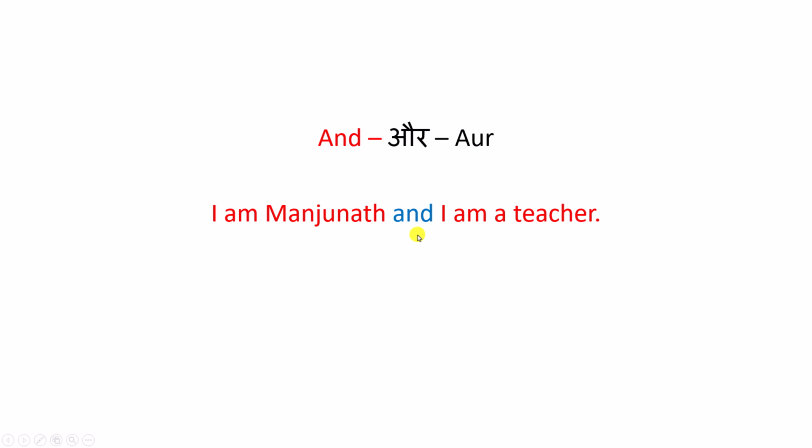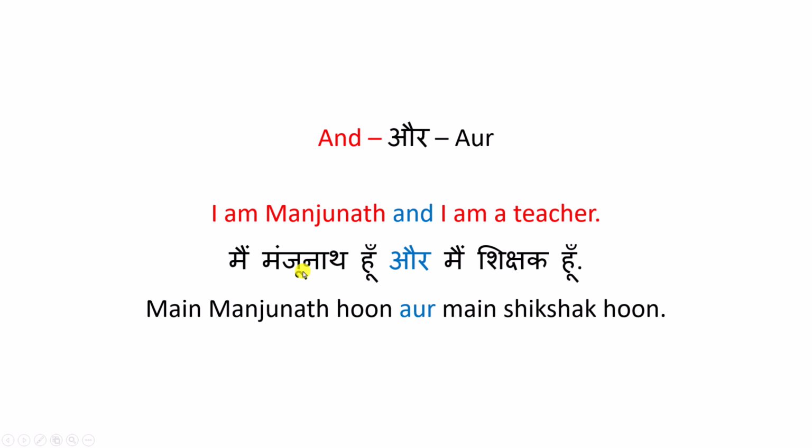Now this in Hindi is मैं मंजुनाथ हूँ और मैं शिक्षक हूँ. मैं is I, Manjunath is Manjunath, हूँ is am, और is and, मैं is I, शिक्षक is teacher, हूँ is am. And here I have left out the word for "a".